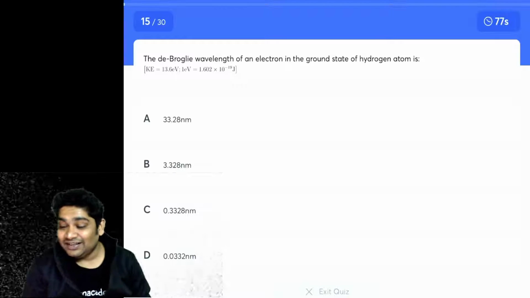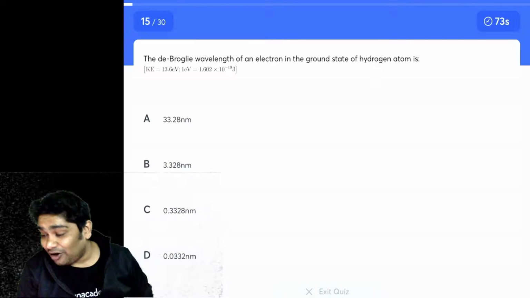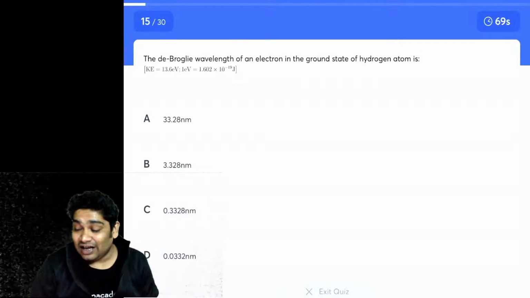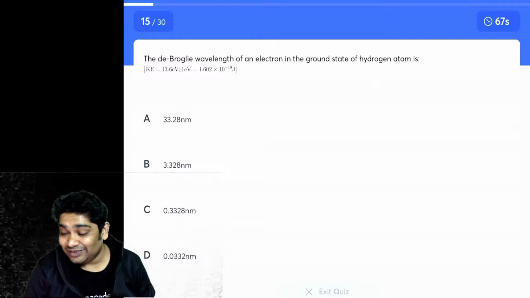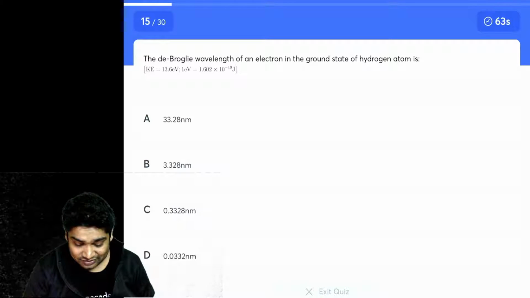Question number 15. The De-Broglie wavelength of an electron in the ground state of hydrogen is... You've been told the kinetic energy. You have been told the value in eV. You have been asked the De-Broglie wavelength. So try and find this value.